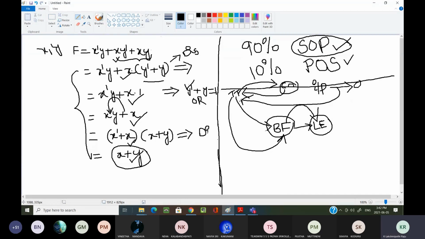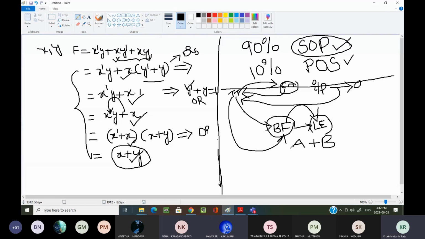Let us consider the OR gate. Now tell me, what is the OR gate logical expression?